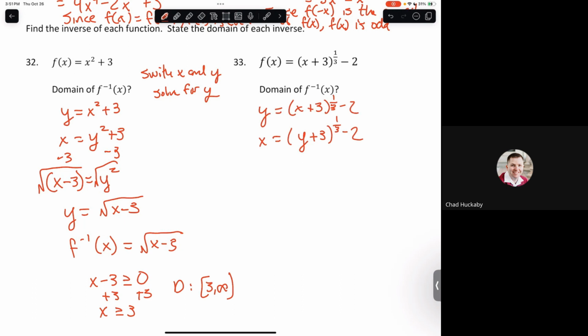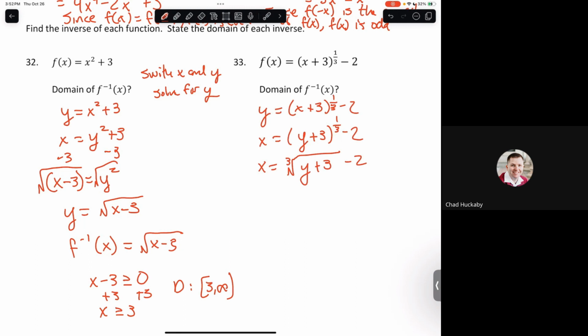And what is something raised to the 1/3 power? What does that really mean? Well, when we're dealing with rational exponents, that bottom number is the index of the root. So we're taking the third root, or the cube root, of y plus 3 minus 2.